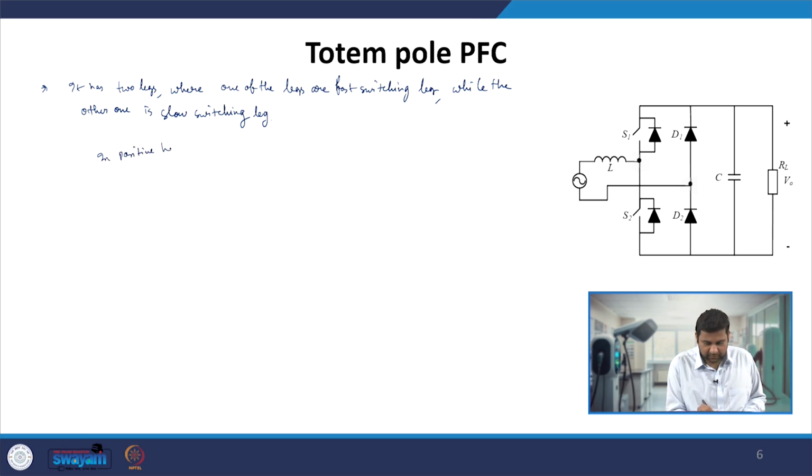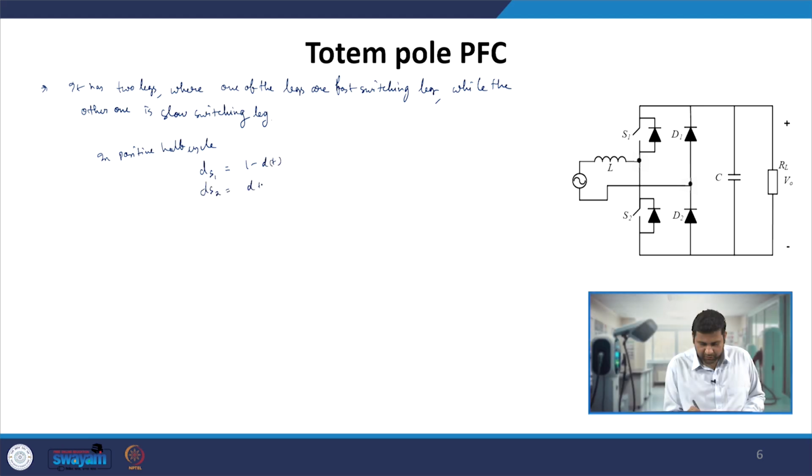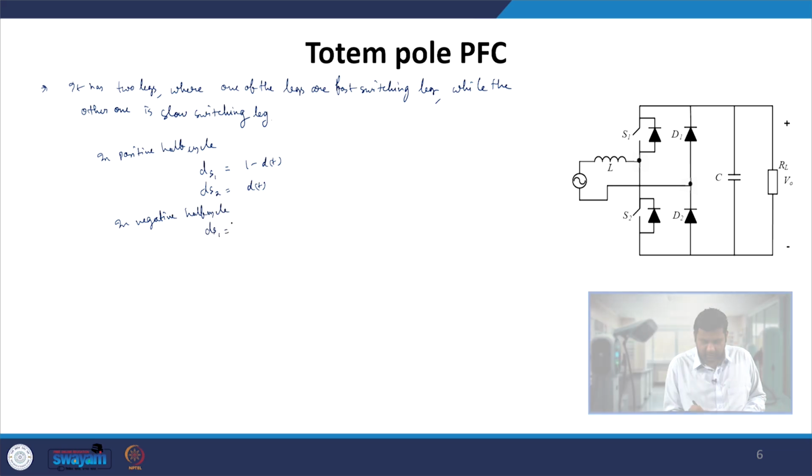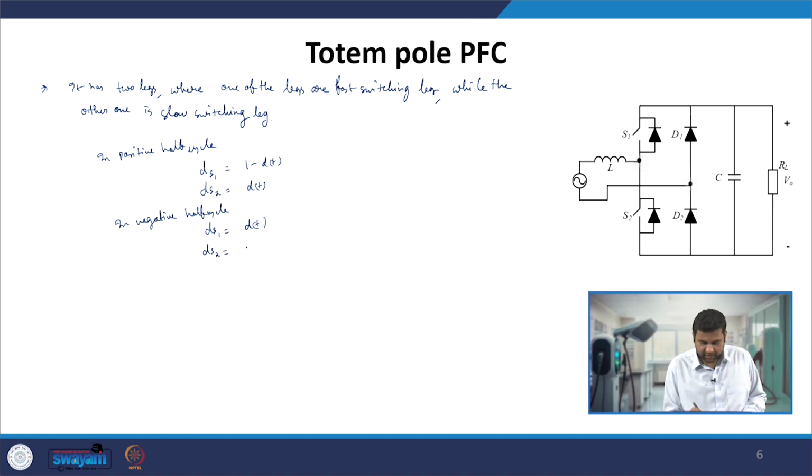And if we look very carefully, in the positive half cycle, the duty ratio of S1 is 1 minus d of t, while the duty ratio of S2 is d of t, and in the negative half cycle the duty ratio of the S1 switch is d of t, while the duty ratio of the S2 switch is 1 minus d of t.